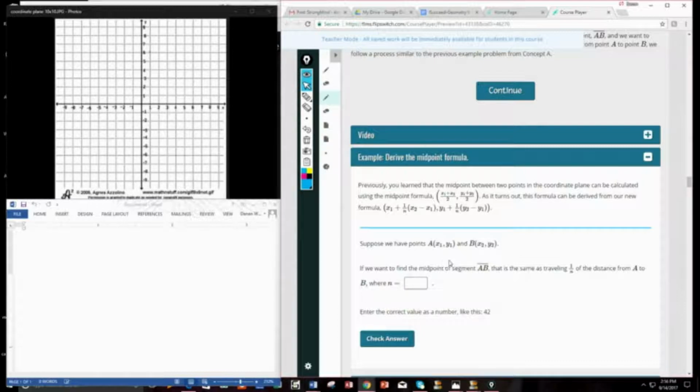If we want to find the midpoint of the segment AB, that is the same as traveling 1/n of the distance from A to B, where n, this denominator, is representing how many sections we have. So if I'm cutting a line segment, or we want the midpoint of it, that means I want half. So that means I want the segment to be in 2 pieces.